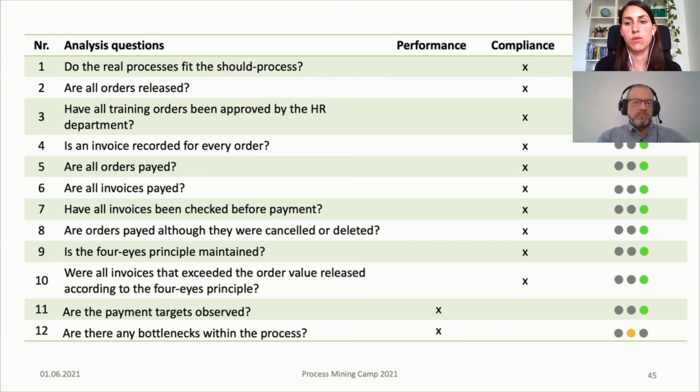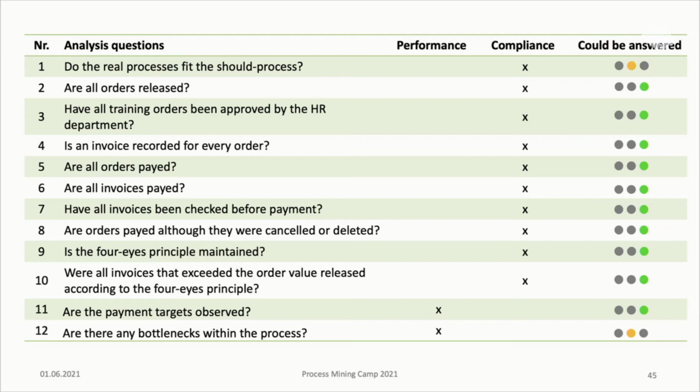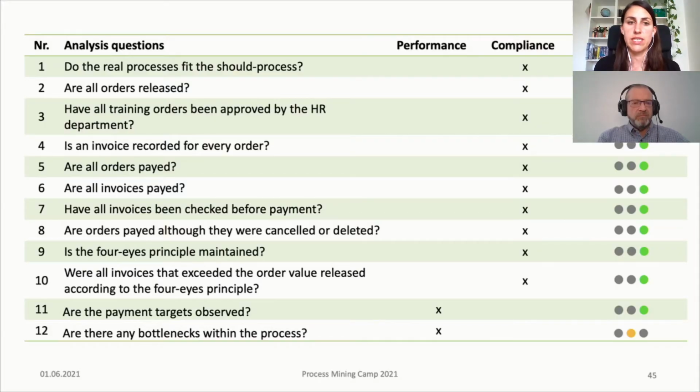So this is where we put here a yellow dot, and we simply said from an auditor's point of view, we are not confident to really give a percentage, so a really concrete result, and simply had our problems with this. But we learned from our future audits that the more concrete you are with your analysis questions, of course, the easier it is to really get a good result that can be verified and that has a high credibility.